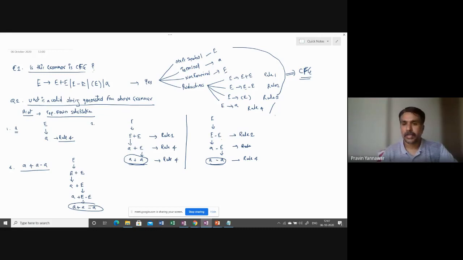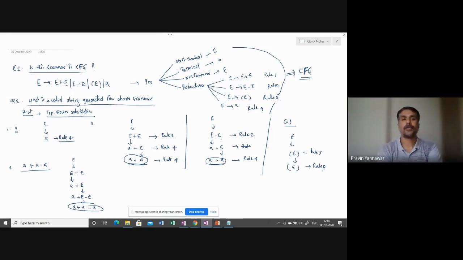Can I have (A)? So it is E implies (E), and this E is A. So this is by rule 3 and this is by rule 4.